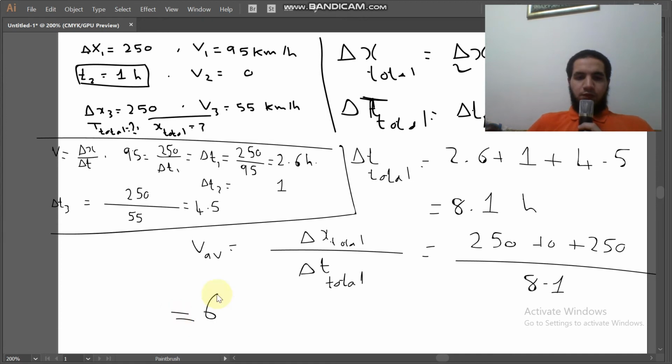So the average speed is 61.7 kilometers per hour in this trip.